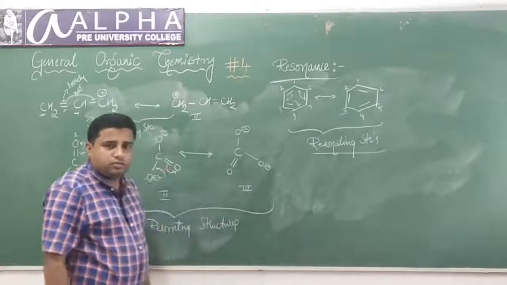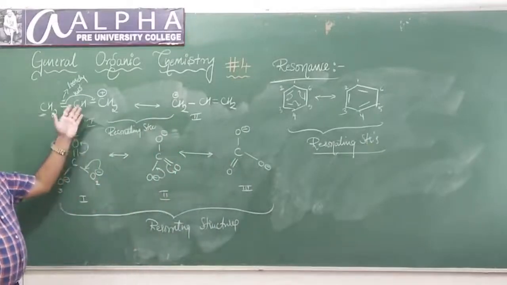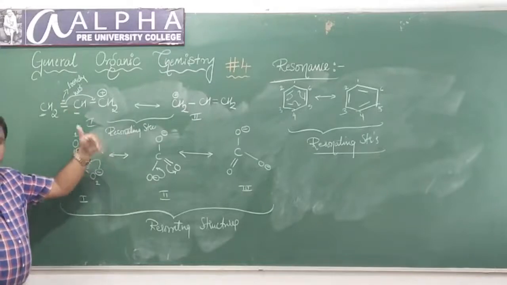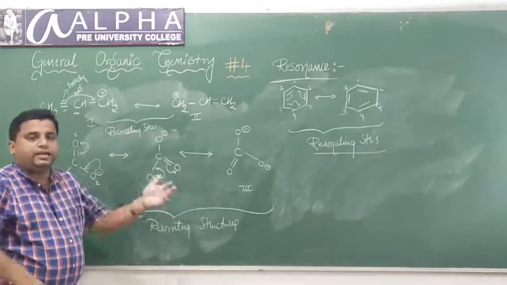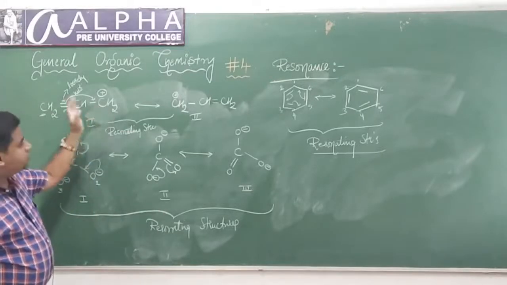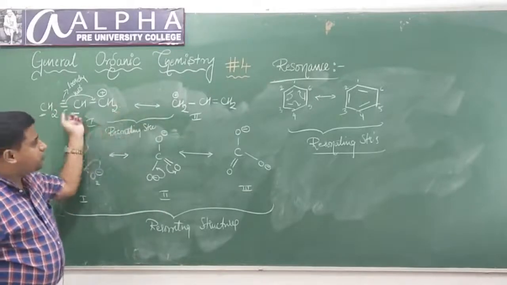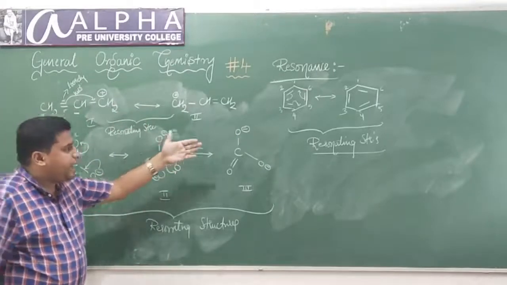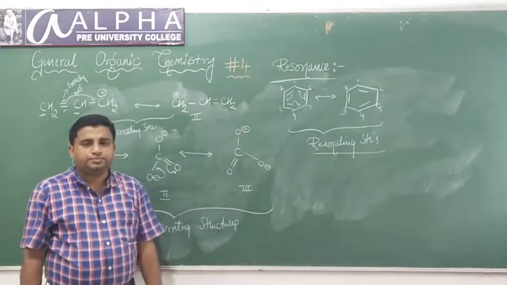Understood? This is called allyl carbocation. You'll come to know what allyl is later, in our further discussions. So this is the resonating structure of allyl carbocation. These are the resonating structures of carbonate, and these are the resonating structures of benzene.